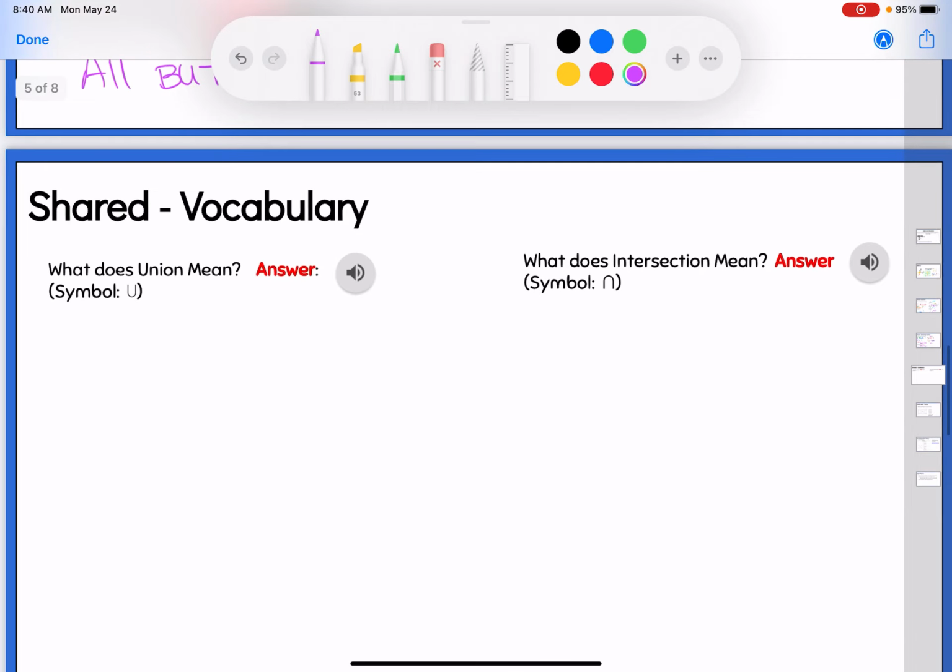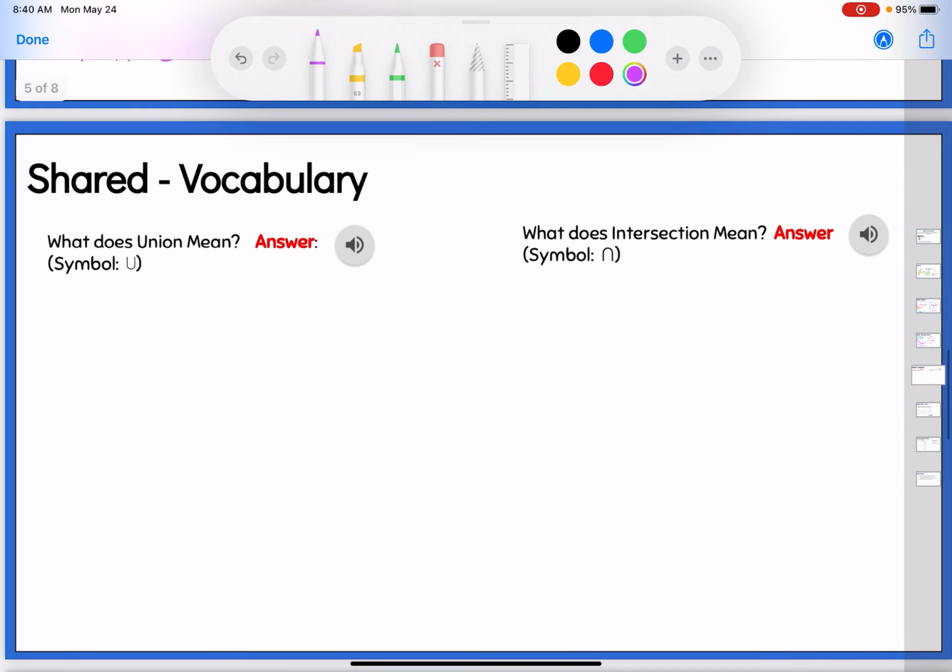So these two new words are union and intersection. What does union mean? What does intersection mean? So just kind of thinking in general, using your language arts skills. Union would mean to join together, right?